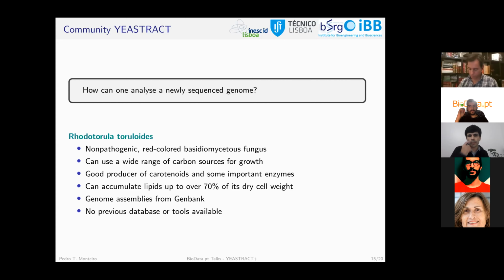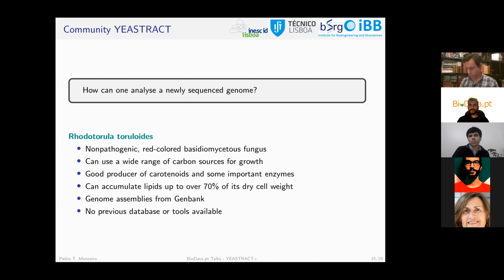And so we did this for Rhodotorula toruloides, that is non-pathogenic and has biotechnology interest, and we have the complete genome assemblies in GenBank. And there was no previous database or tools available specifically for this species.